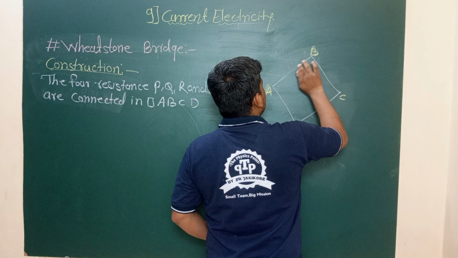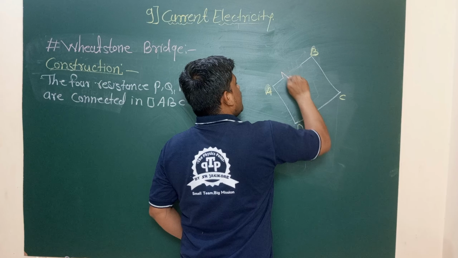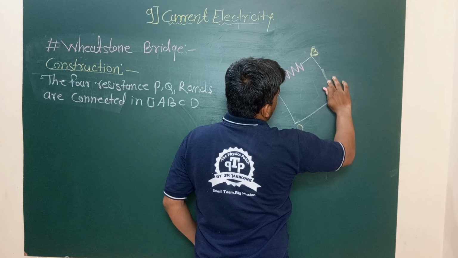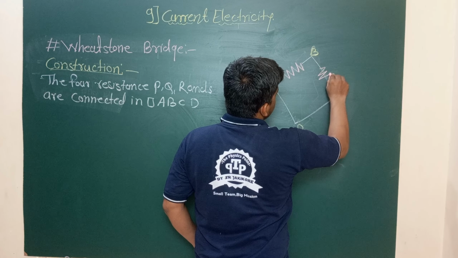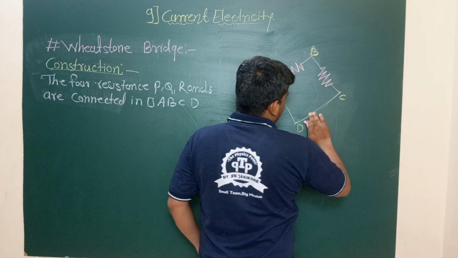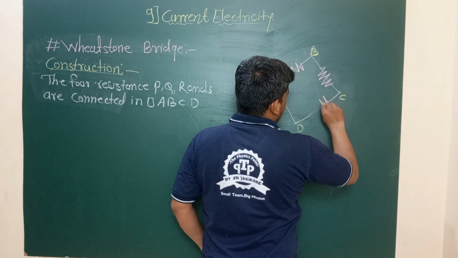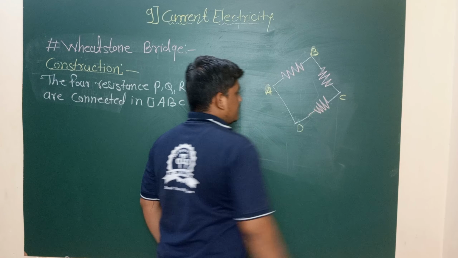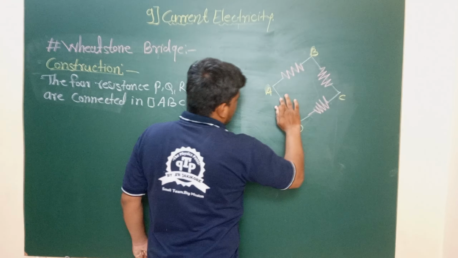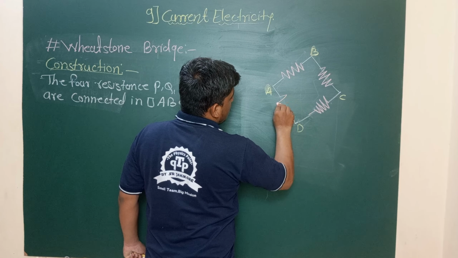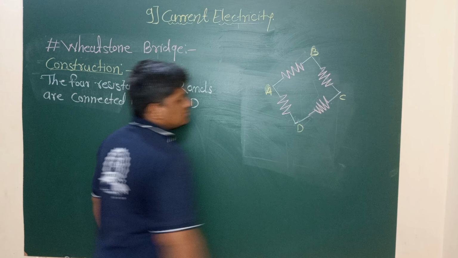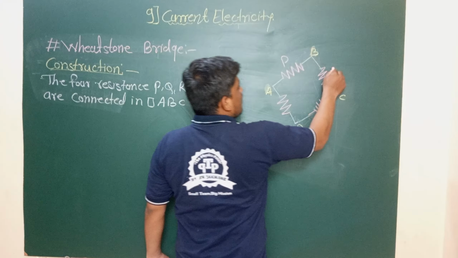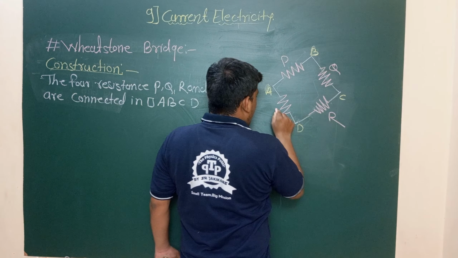Consider the resistance between the branch A and B, the resistance P; from B to C, the resistance Q; between C and D, the resistance R; and between the branch A and D, the resistance S. These four resistances P, Q, R and S are connected in the quadrilateral.